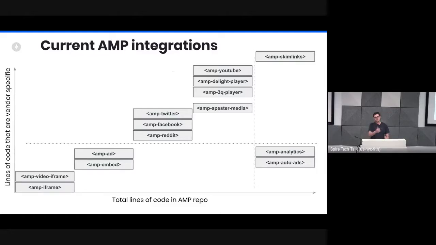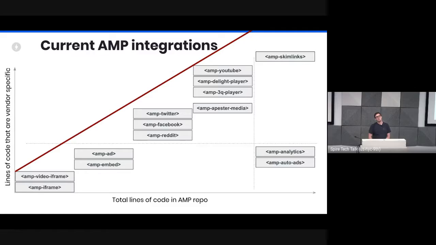This is per extension. The y-axis is how much vendor-specific code is in that extension, like how much single-purpose code for the specific feature. So as you move up on the y-axis towards the top, there's less general code. And again, the important part is the groups, right? There are these different clusters you can see.